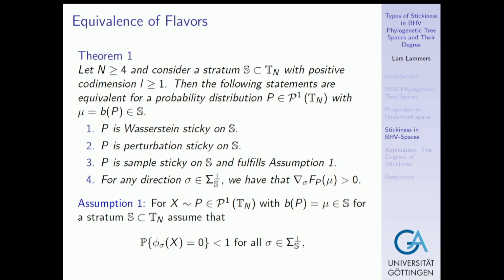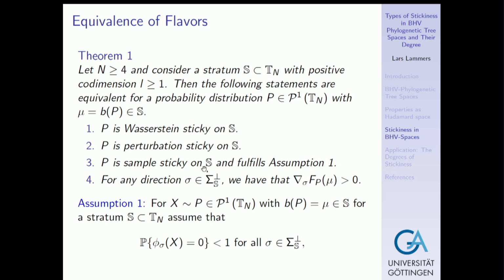Now, if we have that, we can state this theorem: in BHV phylogenetic tree spaces, all these three flavors of stickiness are mostly equivalent. So you have equivalence.